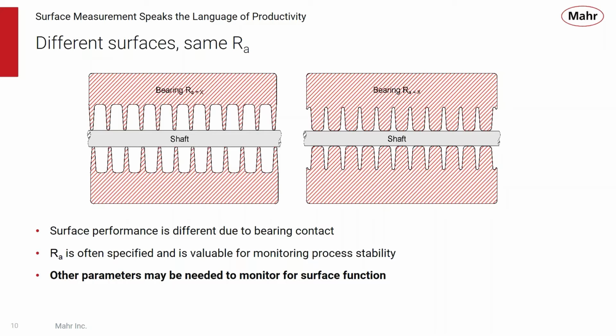You can see these peaks and valleys have the same heights, but the picture on the right has a larger bearing area, and that would perform much better with moving parts against each other than the picture on the left. So Ra is often specified and is valuable for monitoring process stability, but there may be other parameters needed to monitor the surface function.